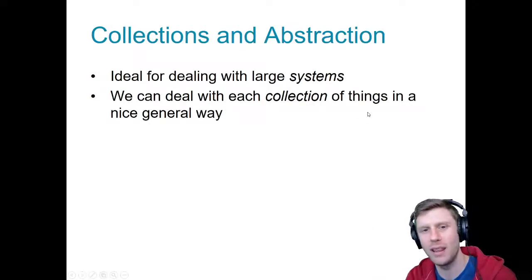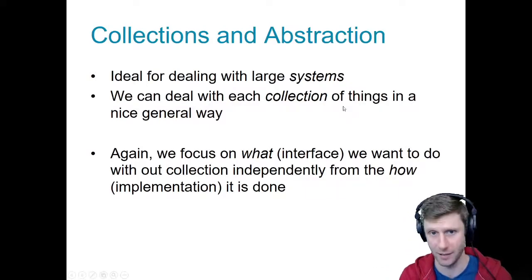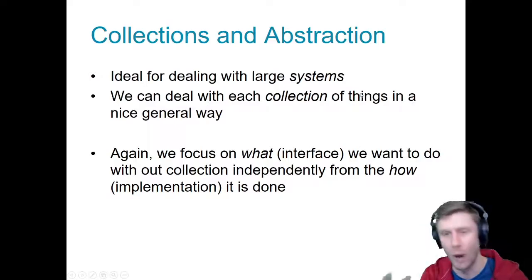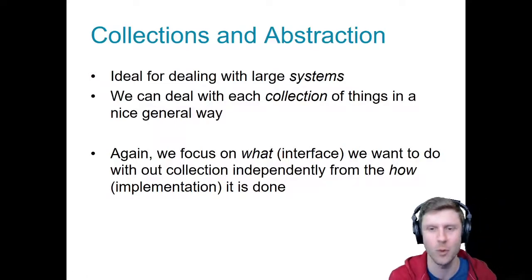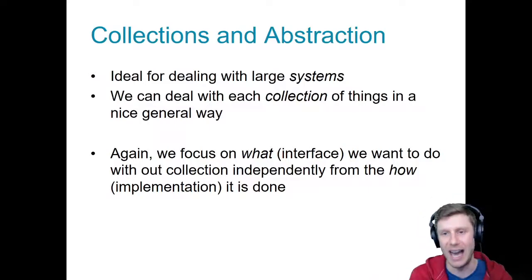This idea of abstraction is great for dealing with large, complex systems. We can deal with each collection of things in a nice general way. Again, we're going to focus on the what, which a lot of times in programming we call the interface. So we separate the what from the how.